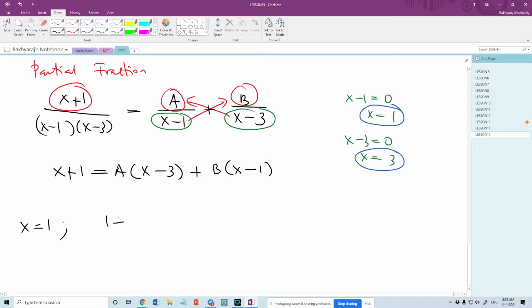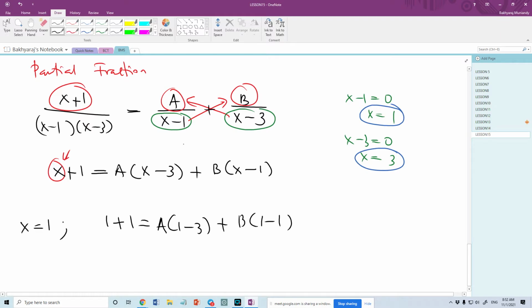So 1 plus 1 equal A, which we don't know, times (1 minus 3) plus B times (1 minus 1). 1 minus 1 of course lead to 0, right?